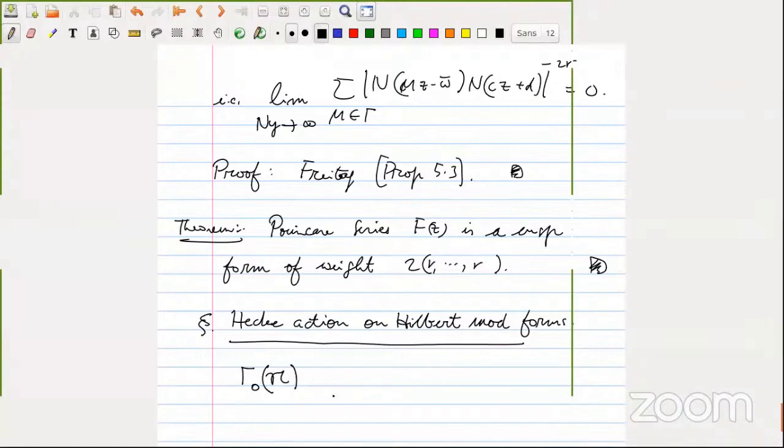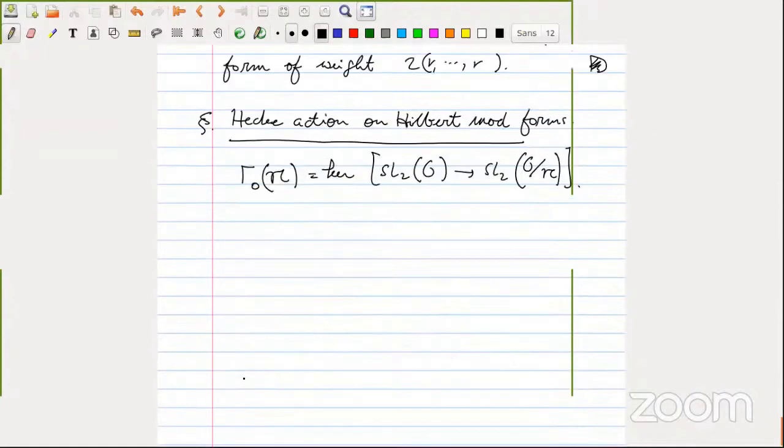These are going to be the congruence subgroups, which I define as the kernel of SL2(O) to SL2(O/n). This is also a discrete subgroup, and for Hilbert modular forms with this as a discrete subgroup, we can define this for SL2(O) also.